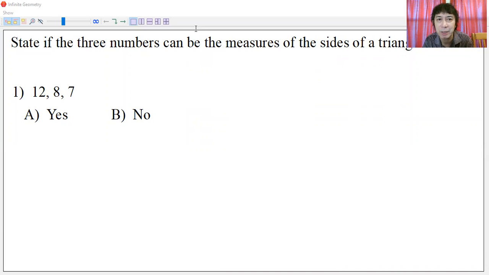Now, in solving problems like this, we will only have to check from the given. Say, for example, the sides are 12, 8, and 7, then we can check this way. For the solution, let A be equal to 12, B the 8, and C equals 7.